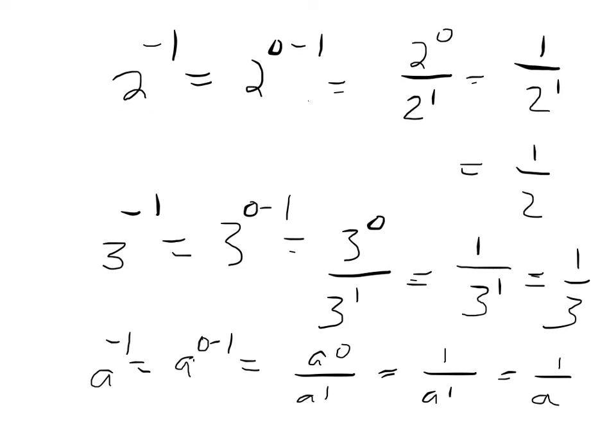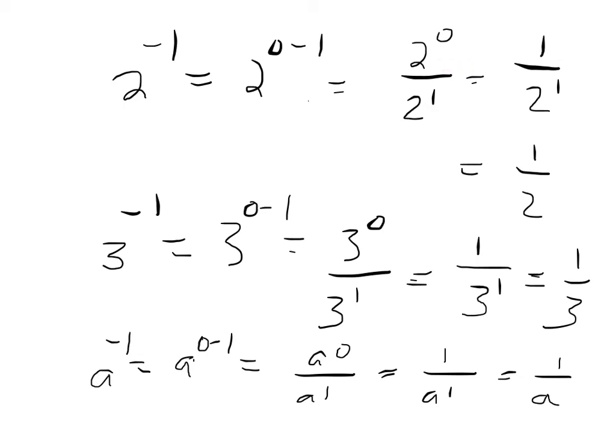So we know that a base raised to an exponent negative 1 is simply going to reciprocate that expression. So for example, 2 to the negative 1 is going to be 1/2. Let's just think a little bit about why that's reasonable with some of our exponent laws that we've just seen. 2 to the negative 1 I could write as 2 to the 0 minus 1. I could then use my rule that 2 to the 0 minus 1 is 2 to the 0 over 2 to the first.